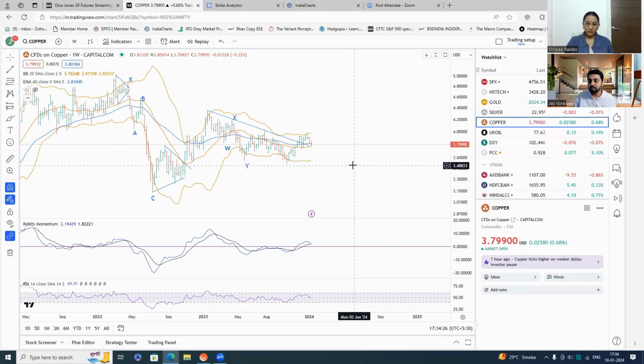And if the up move is not on the back of earnings, PE cannot keep on re-rating. So this is where I find the disconnect. And we'll come to the Indian indices. In that sense, Indian indices are relatively immune because over here we are seeing growth. But I'm more worried about the cues that we are going to get from the world market and how India will behave in that context.